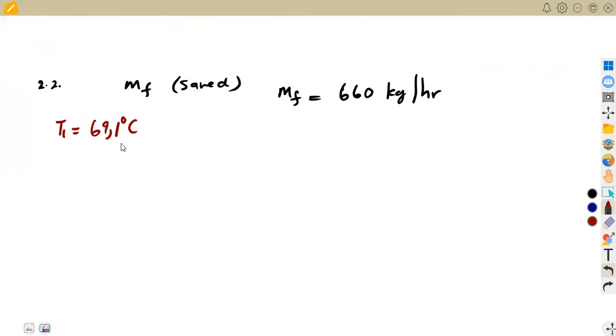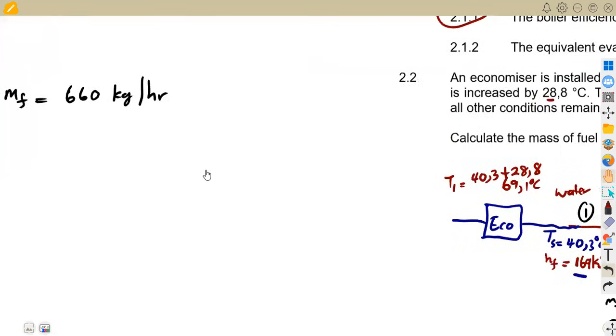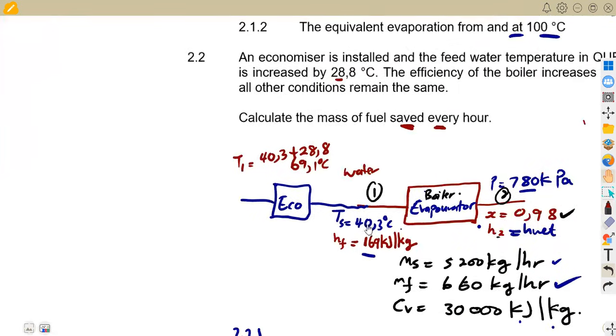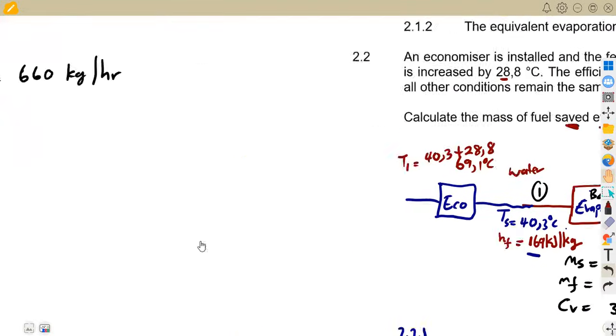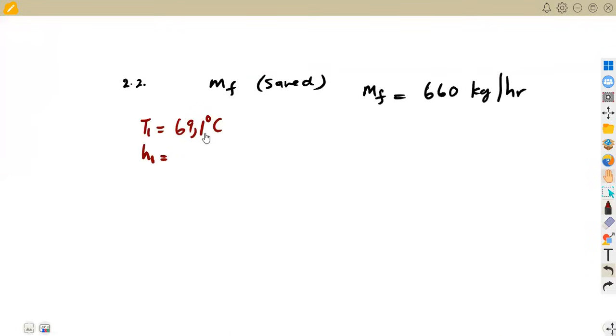What are we going to do from this? This temperature is going to affect our H. Remember, from this temperature we got H1, which is our HF. This enthalpy is going to be affected, because this HF we took at 40.3, so we are going to need it at this new temperature.